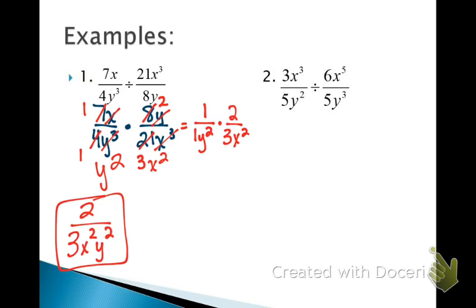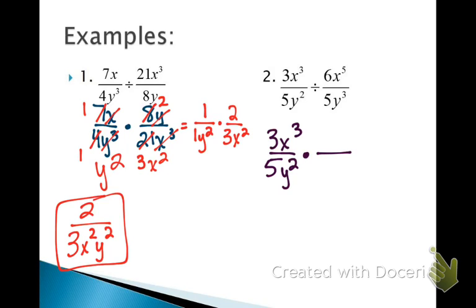So on number 2, when I go to set it up, I'm going to have 2 fractions. My first fraction is going to stay the same. 3x cubed over 5y squared.